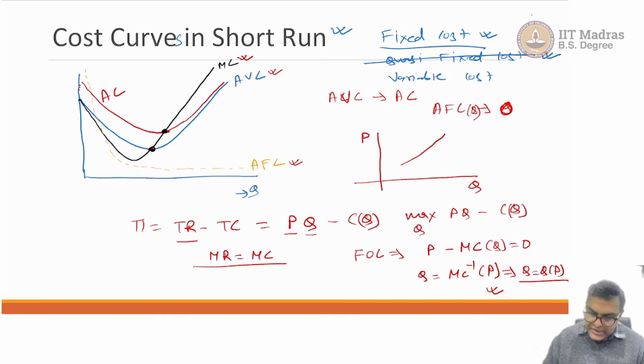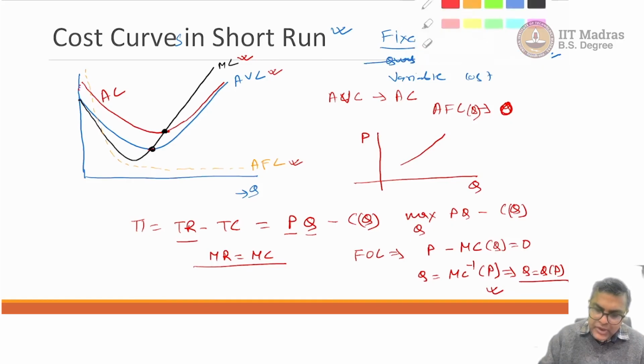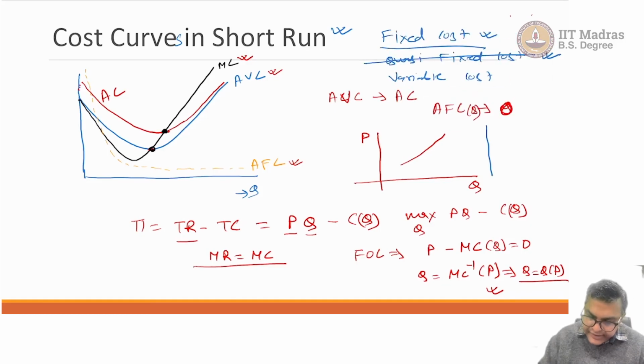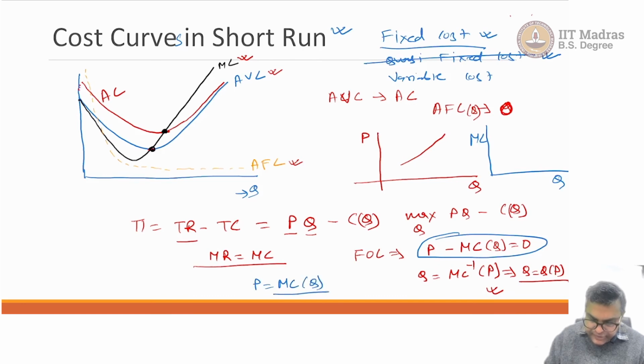So what we can say is that rather than having P versus Q, we can do MC versus Q. And this is what we are doing. If you pay attention to this expression, that expression is P as a function of Q, and that function is coming from MC, and that's the way we are drawing.